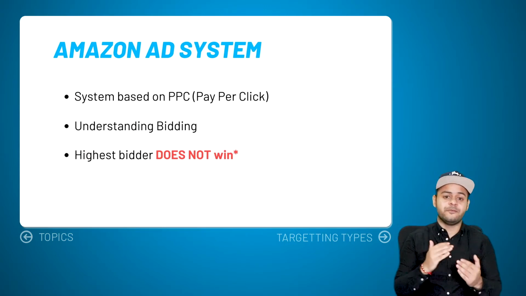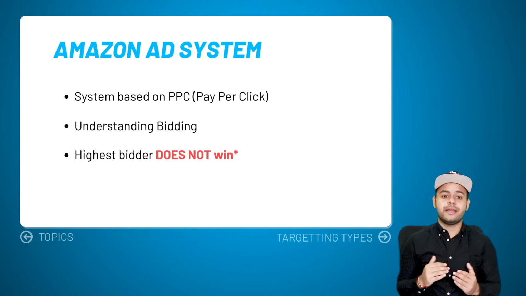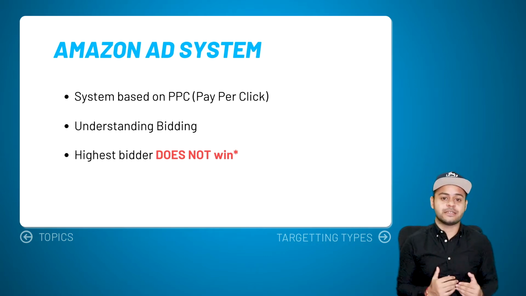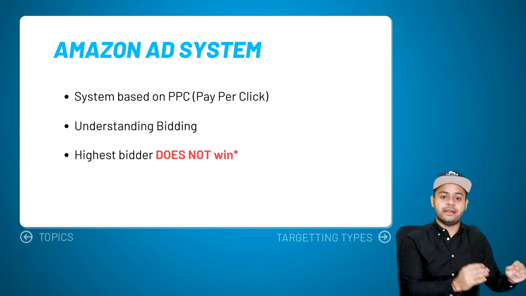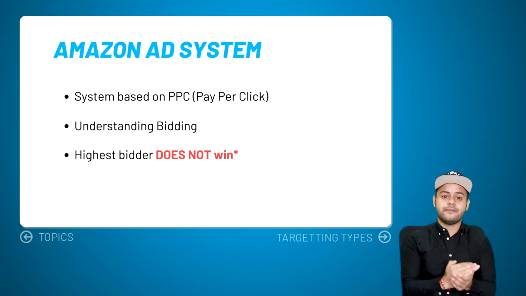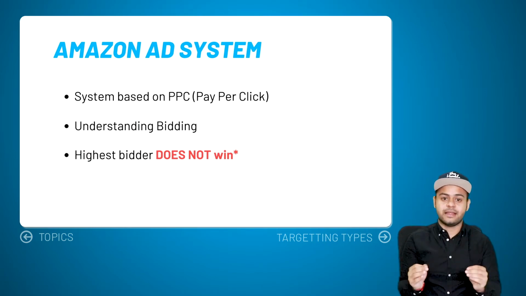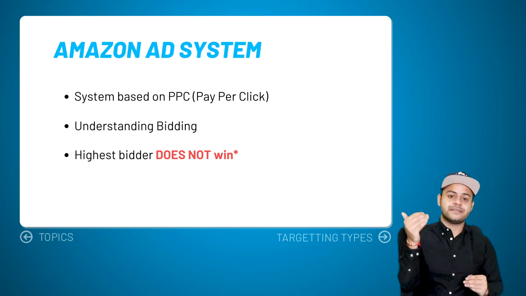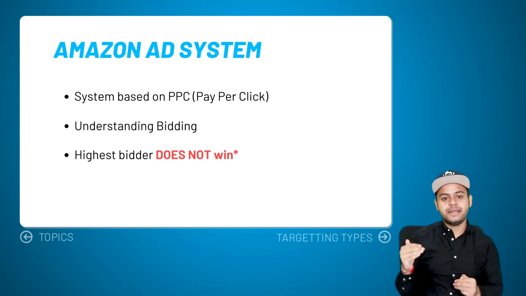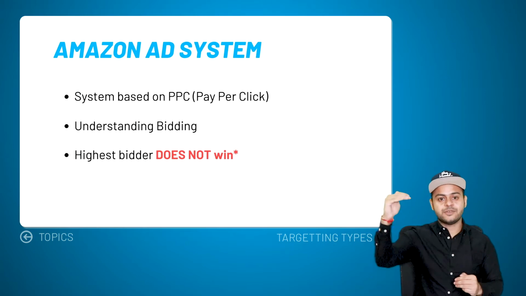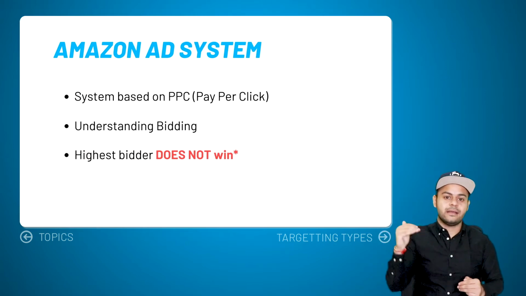It could be that it's priced very high. It could be that it is not a great offer for the customer. It could be that the listing that seller has for that product is not well designed. Whatever that reason may be, if Amazon realizes that it's giving this seller the spot, people are clicking on it, but nobody is purchasing that product, Amazon is going to devalue that bid.